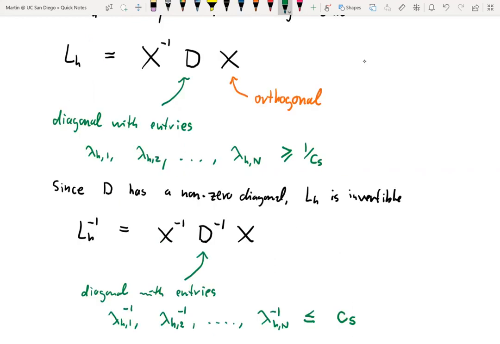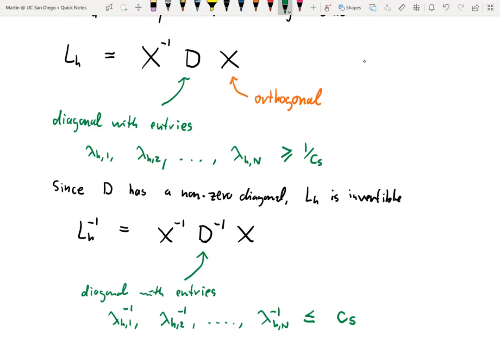The inverse of LH is then given by LH inverse equal to x inverse times D inverse times x. D inverse is again a diagonal matrix, and the entries are the inverse of lambda h1, the inverse of lambda h2, and so on up to the inverse of lambda hn. And those entries are bounded from above by CS.